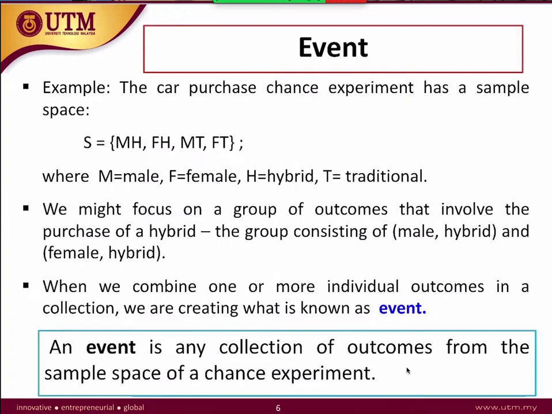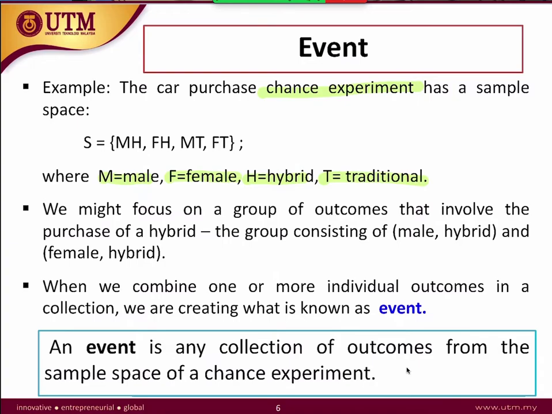The chance experiment that we have here is the possibility of a car purchasing process. The car might be bought by a male or a female, and the type of car is hybrid or traditional. So we have this situation as a chance experiment.